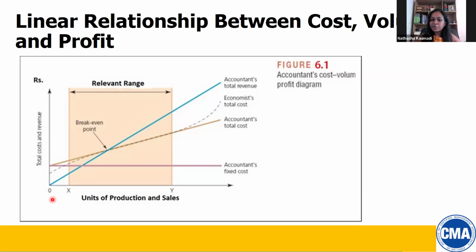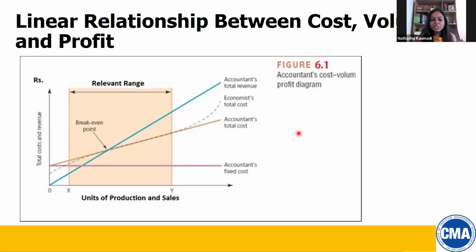What is your answer? When the production is zero, no variable cost, but we have fixed cost. So it starts from here, and then when the production is increasing, cost is increasing because the variable cost is increasing.